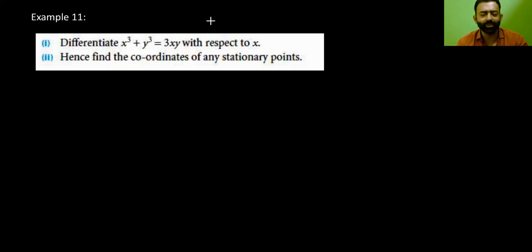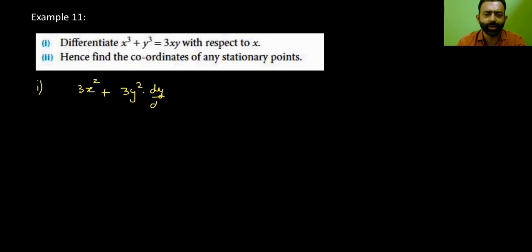Now we are moving one step further, right? First we find how to differentiate this, what will be the value of the gradient, and then see, can we find the stationary point too for any implicit function? Obviously there will be some bending in the curve. So let us see. The first part is very easy. Again, differentiate this. The derivative of x cube is 3x square, plus differentiating y cube gives 3y square into dy by dx.